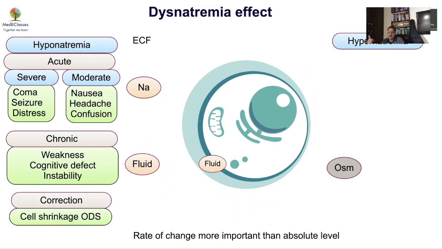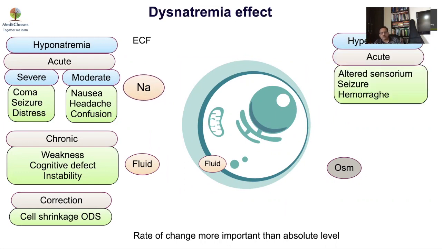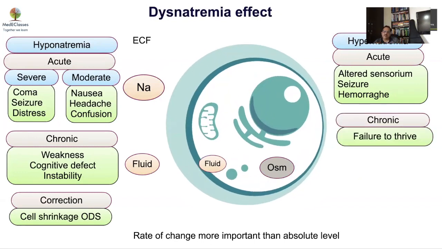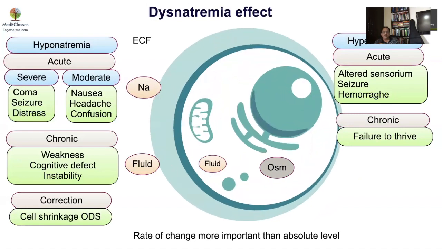Now, hypernatremia is associated with loss of fluid from cells, causing cell shrinkage, altered sensorium, seizures, and hemorrhage. With time, osmoles will go into the cells and take care of it, and if suddenly we correct it, we will have cerebral edema.